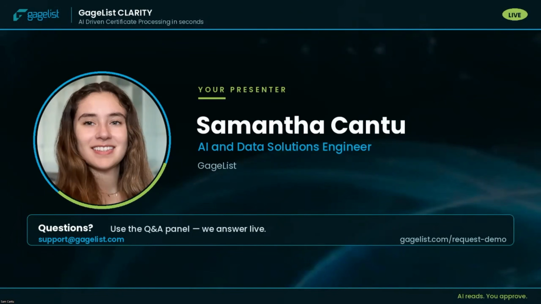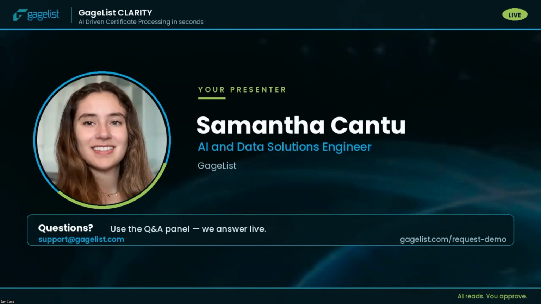Okay, so here's a question: what surprised us most once real customers started feeding it their actual certificates? I'm going to hand that one off to Sam. Sam, why don't you answer that? Sure. Something that surprised us is how configurable Clarity turned out to be for each customer's workflow and their certificates.